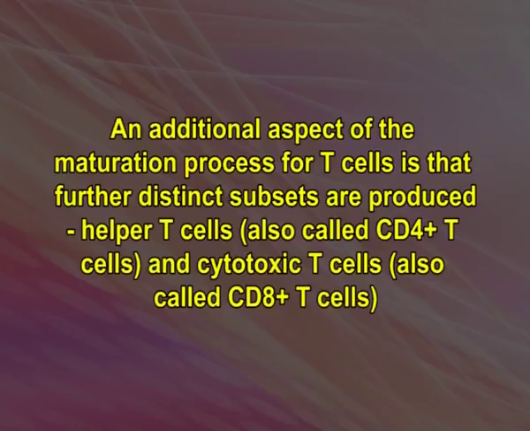An additional aspect of the maturation process for T cells is that further distinct subsets are produced: helper T cells, also called CD4 plus T cells, and cytotoxic T cells, also called CD8 plus T cells.